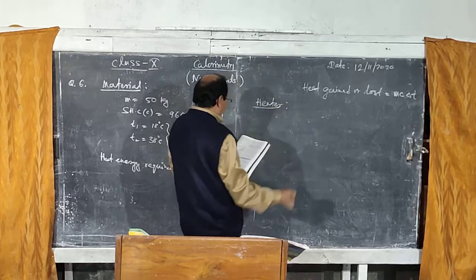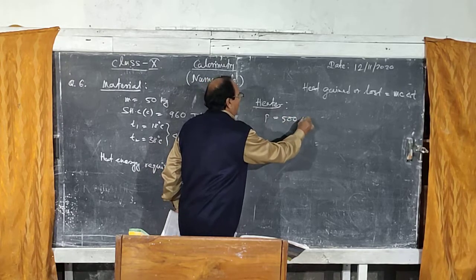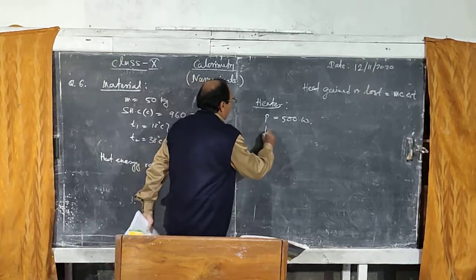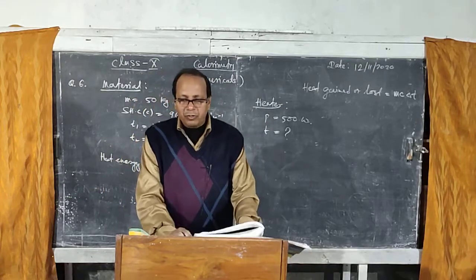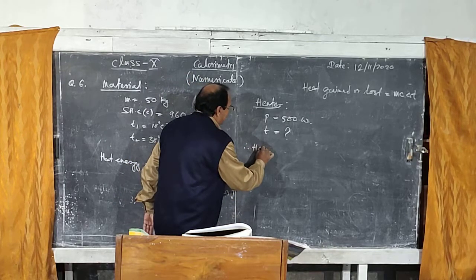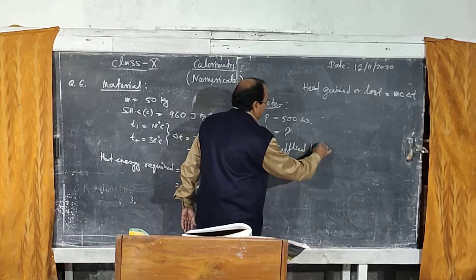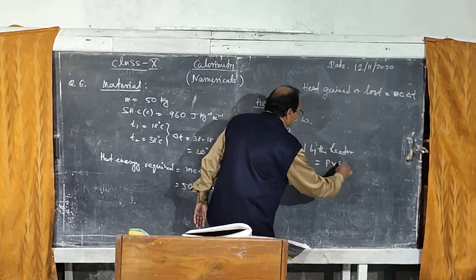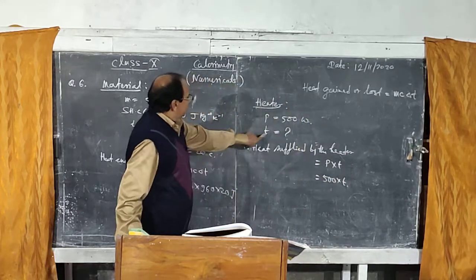Here heater power is given, power equals 500 watt, and time is not given, so we have to find out time. Time is unknown, right? So now we will go for heat supplied by the heater. Therefore, heat supplied by the heater equals P into T, equals 500 into T. Keep in mind, T is in seconds.